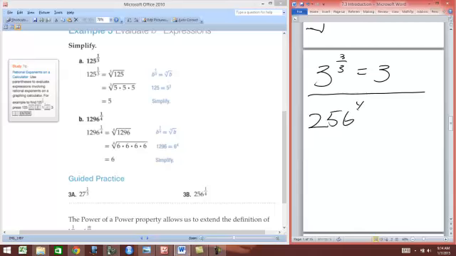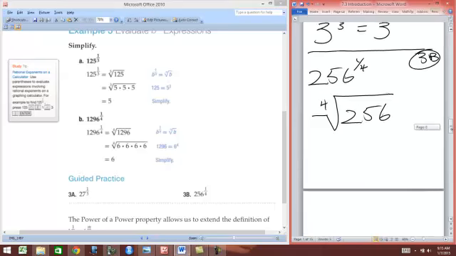256 to the 1/4. This is 3b. This is going to be the 4th root of 256. Now, you may have remembered that 4 cubed is 64. If you take 64 times 4, that's not too hard to figure out, that's 256.